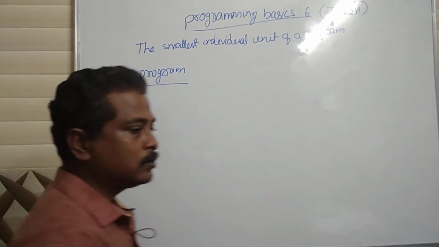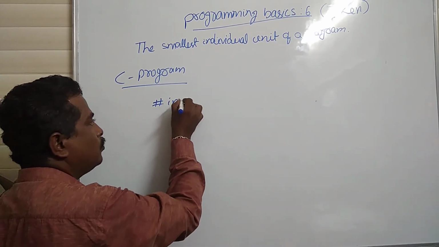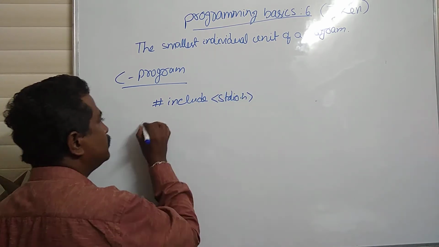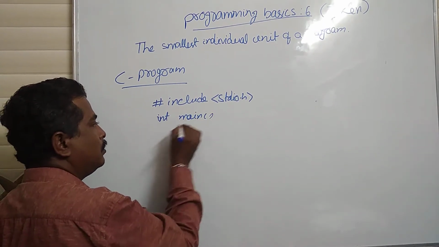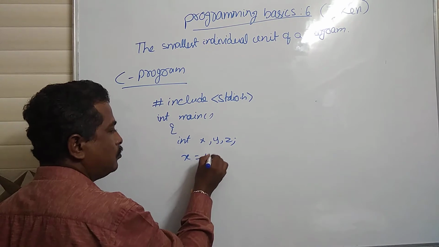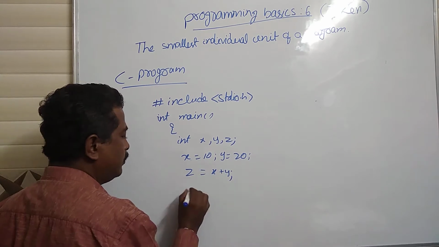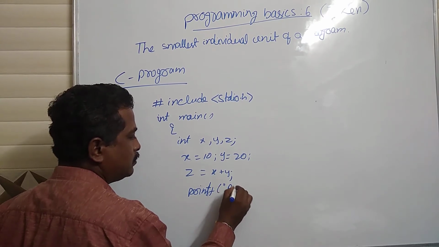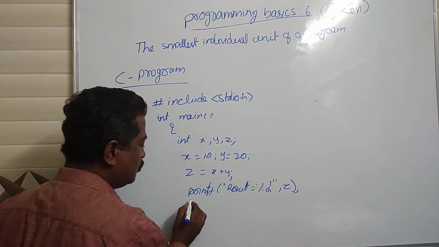In the last example, we had taken #include <stdio.h>, then int main, int x, y, z; x equal to 10, y equal to 20, z equal to x plus y, printf result is equal to percentage d, z, closing curly bracket.